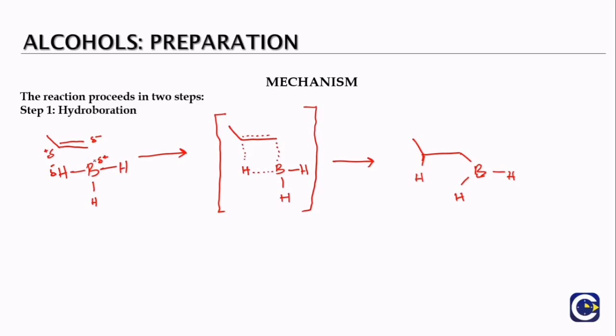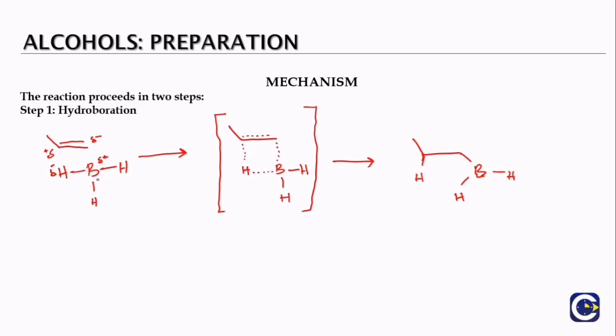Because boron is less electronegative than hydrogen. Hydrogen is more electronegative than boron. That's why there is a delta positive charge on the boron atom, and it's going to interact with the opposite charge on this carbon. That is why the addition is anti-Markovnikov.